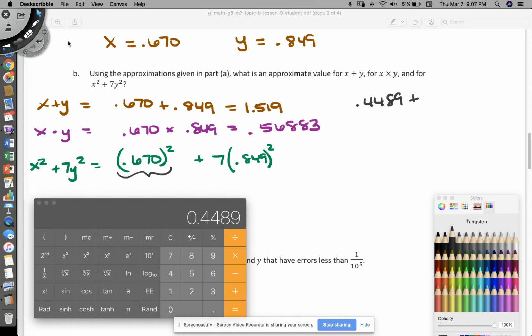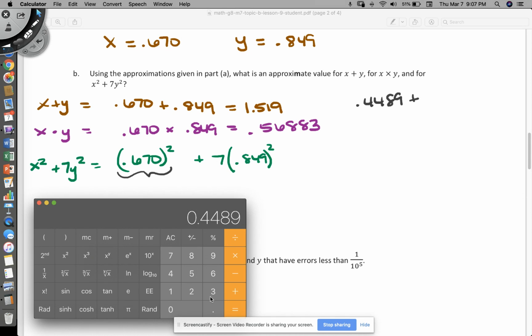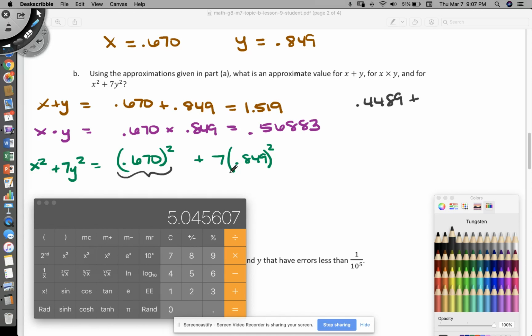Plus, now I'm going to do my squaring first and then times that answer by 7. So I'm going to say 0.849 squared gives me that, and I'm going to go ahead and just hit times 7. So this answer here is 5.04567.